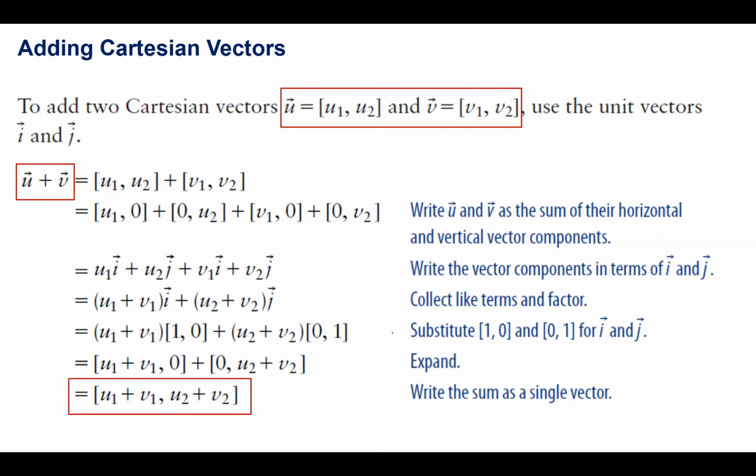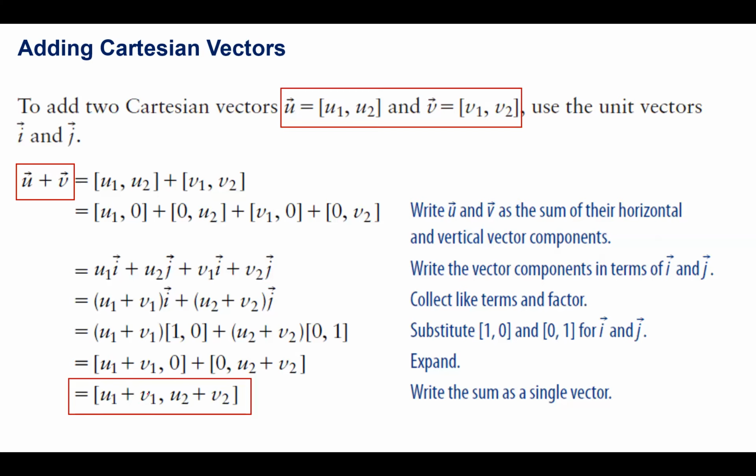Then we can substitute 1, 0 and 0, 1 for the two unit vectors i and j. So that gives us u1 plus v1, 0, plus 0, u2 plus v2, right? Then we can write the sum as a single vector, which gives us u1 plus v1, u2 plus v2.